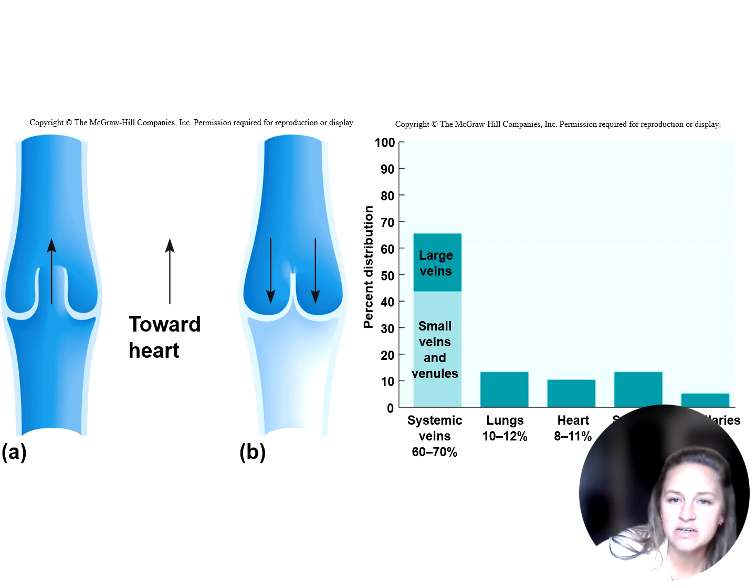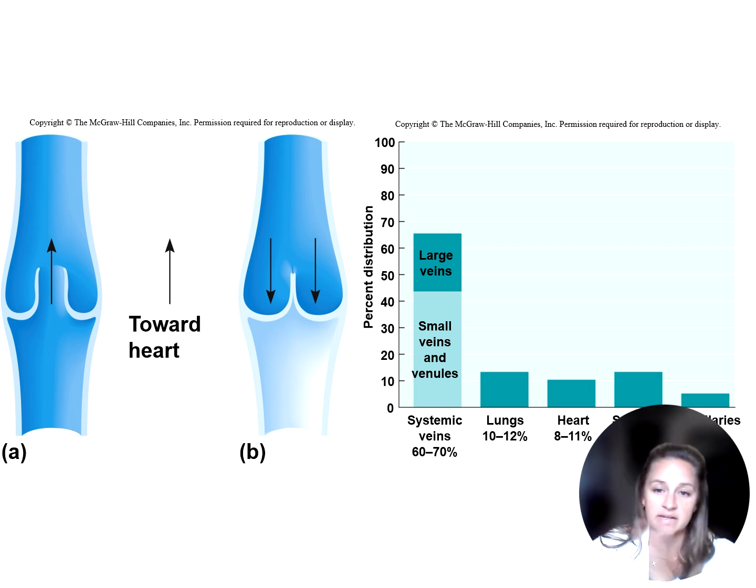And then this graph here is interesting. It shows where all the blood is. What is the percent distribution of blood in your body? So remember we said there's about 5 liters of blood in your body all the time. Most of the blood in your body, 60 to 70% of that 5 liters, is somewhere in your veins. Some of it, 10 to 12%, is in your lungs, getting oxygenated. Some of it is in your heart getting pumped.